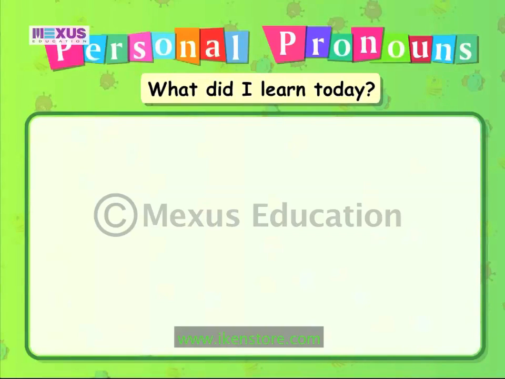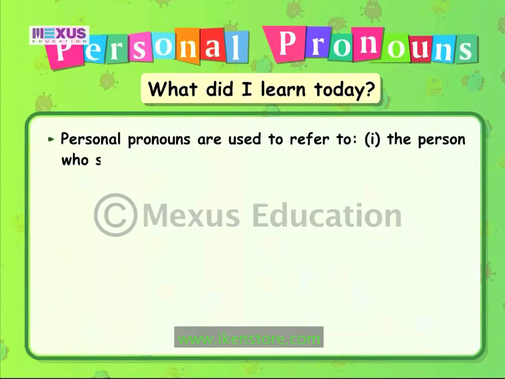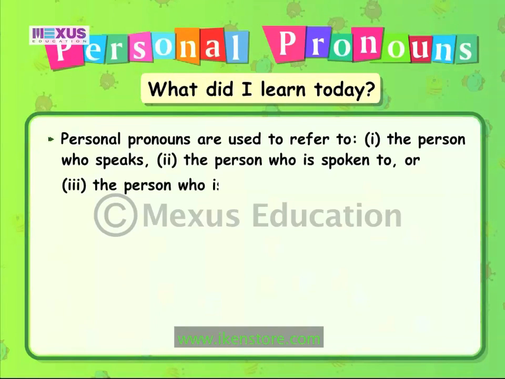Let us revise all the points you have learned in this lesson. Personal pronoun. Personal pronouns are used to refer to the person who speaks, the person who is spoken to, or the person who is being spoken about.